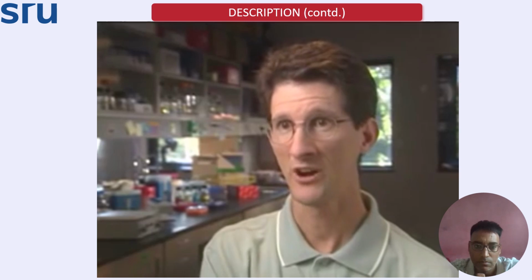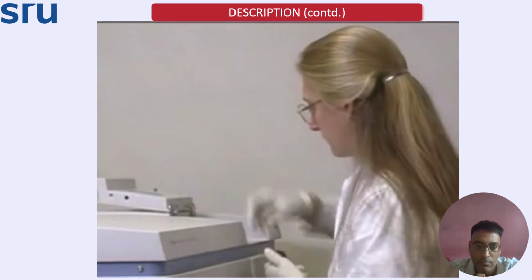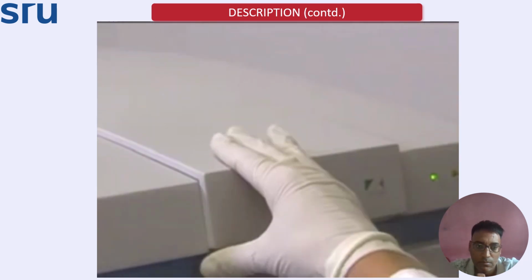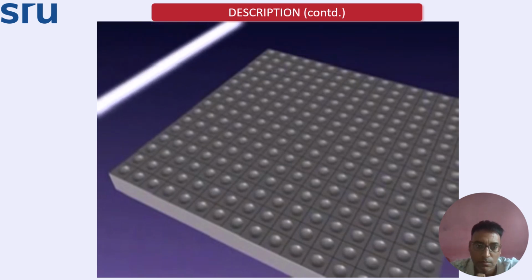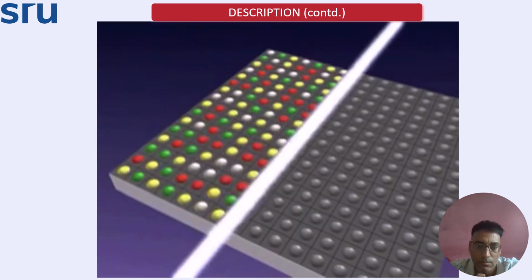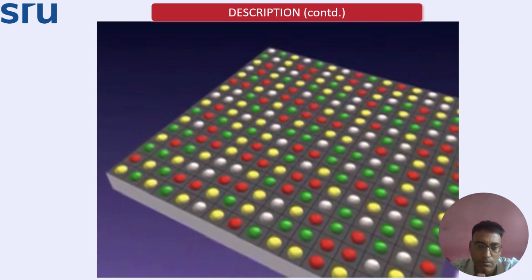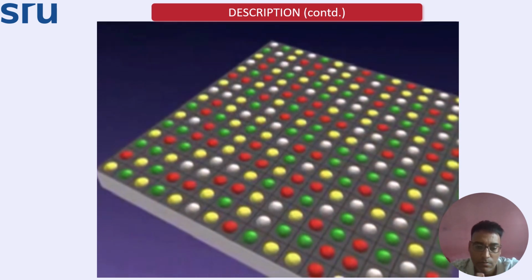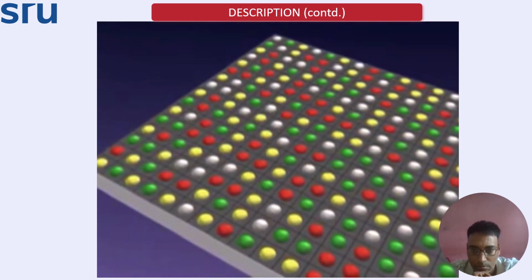So we rinse the chip off after we do the hybridization step, and then we put the chip in a laser scanner to electronically capture the data. The chip is scanned with a laser, activating the fluorescent dyes in the sampled cDNA. A computer captures this information, calculates the ratio of red and green on each spot, which indicates which genes are expressed in the uninfected and infected plant samples.